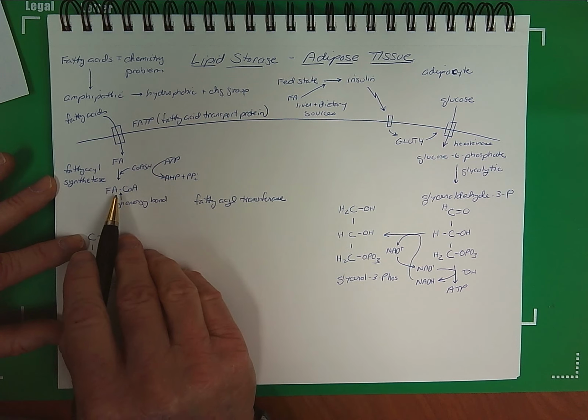Again, the hydrolysis of the CoA off of the fatty acid will generate the negative free energy that we need to drive the reaction. So we are going to take a fatty acyl CoA and add it to here, and to here in 3 successive steps. What we will generate is this molecule.